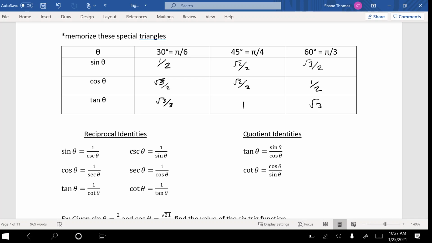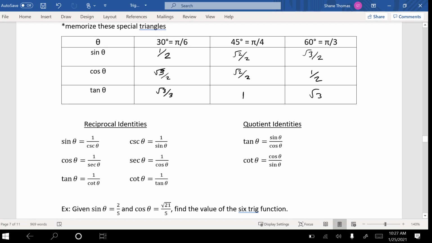All right, the next part here is reciprocal identities and quotient identities. All they really are is what we already talked about. Sine and cosecant are reciprocals of each other, correct? I said the sine is opposite over hypotenuse, and cosecant was hypotenuse over opposite.